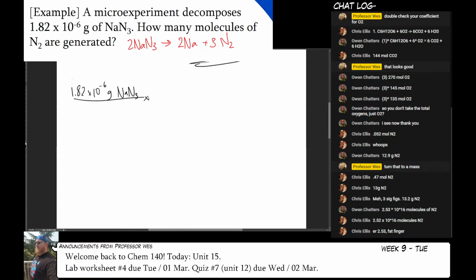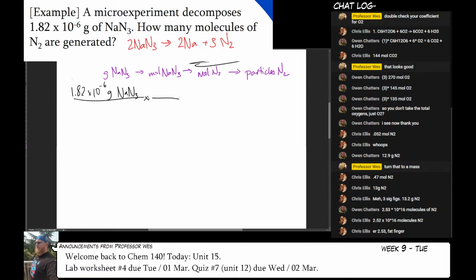We're going to follow the same process that we did before. We're going to start with grams of sodium azide, which we're going to turn into moles. And then since we're asking about N2 again, we'll just turn that into moles of N2. And then instead of grams this time, we'll turn it into particles of N2.